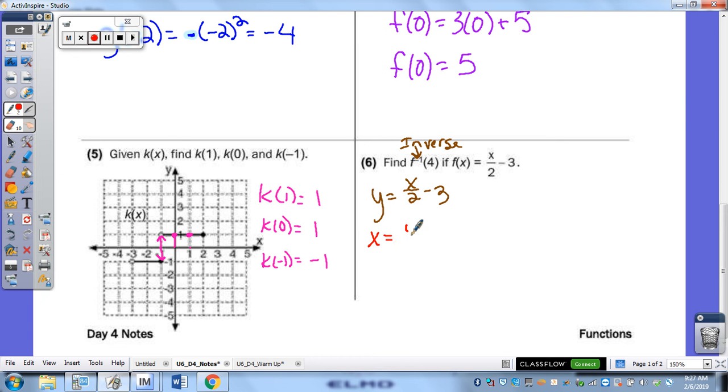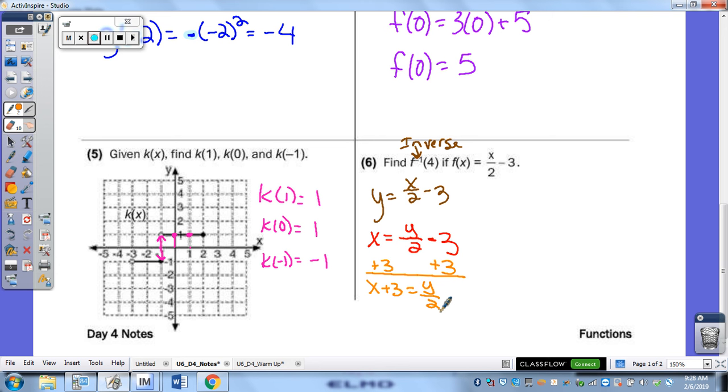So then next I'm going to switch my x and my y. And now we'll solve for y. I'm going to add 3 first. I got x plus 3 equals y over 2.